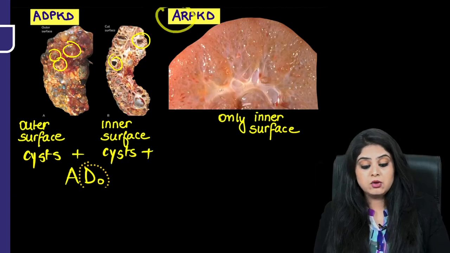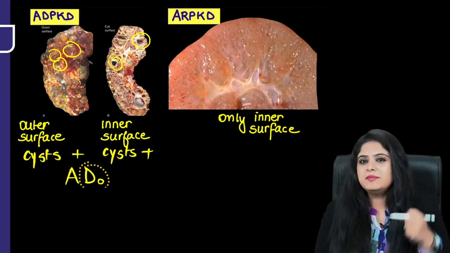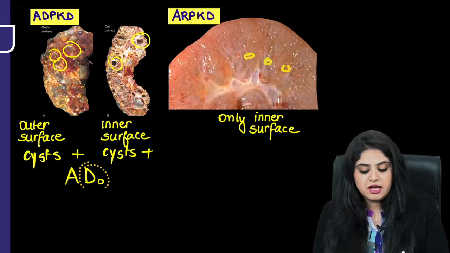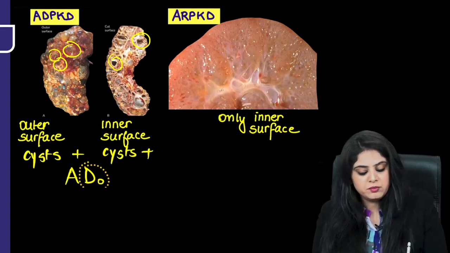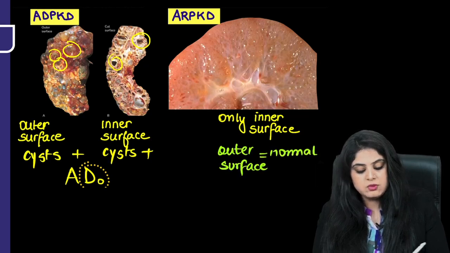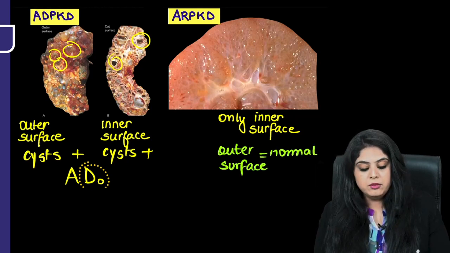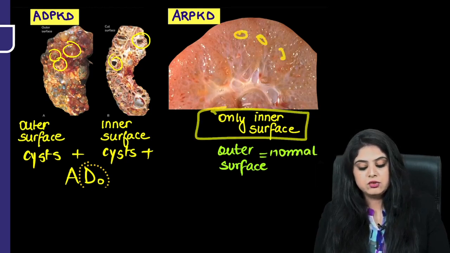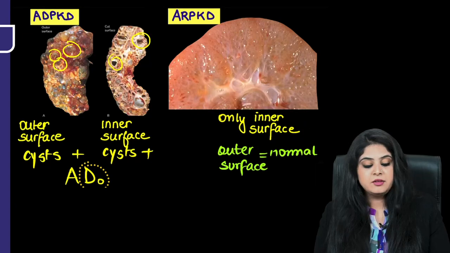Whereas autosomal recessive, recessive means hiding somewhere. The cysts are only hiding inside, which means that the outer part of the kidney is going to look completely normal. Only the inner part of the kidney is going to show you these round cysts. Everyone's okay with these two polycystic kidney diseases?